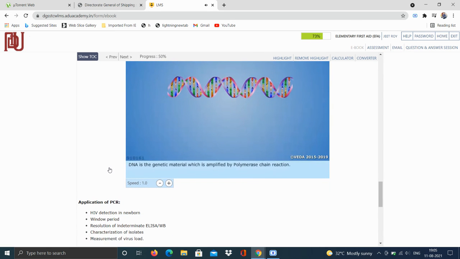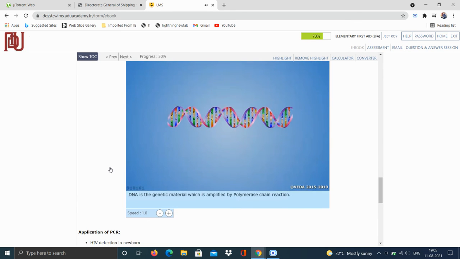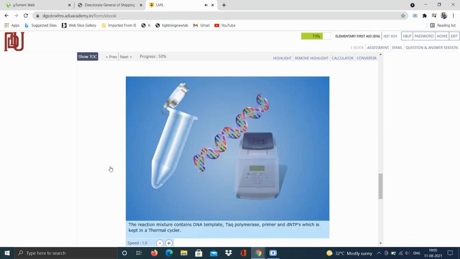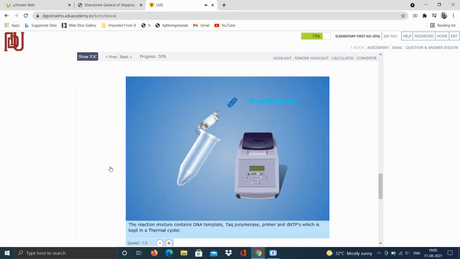DNA is the genetic material which is amplified by polymerase chain reaction. The reaction mixture contains DNA template, Taq polymerase, primer, and dNTPs, which is kept in a thermal cycler.